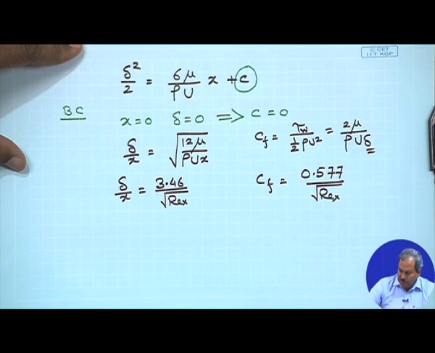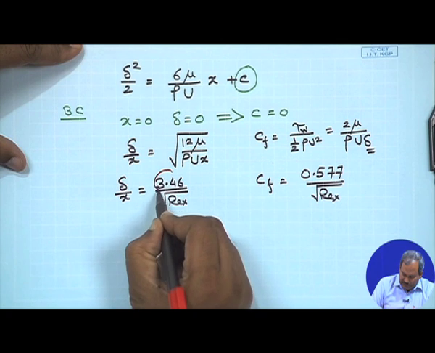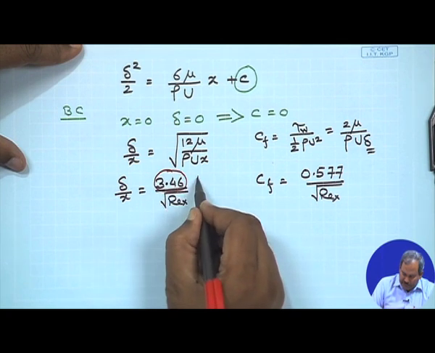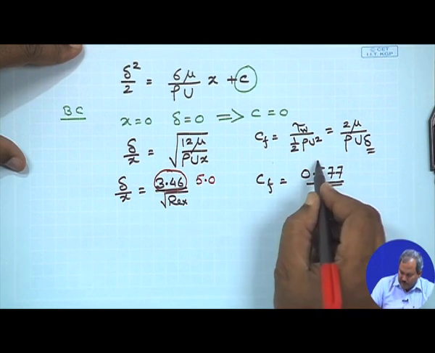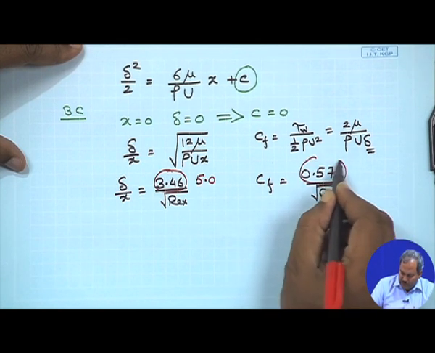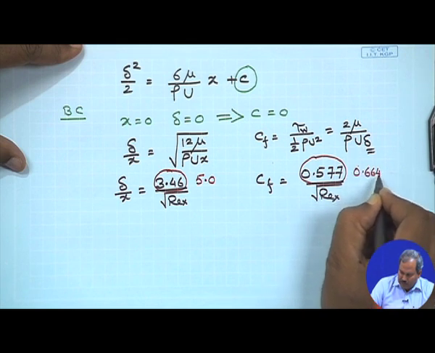Compare this with the Blasius solution, where the form would remain the same except the constant would be 5.0. Again, the form here would remain the same, the constant is going to be equal to 0.664.